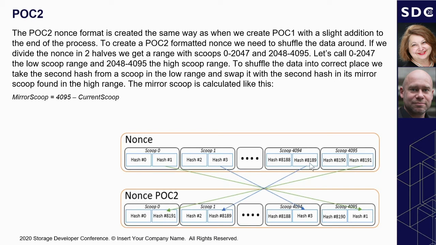If you look at it, this is your nonce and the mirror of that nonce in 4094. Scoop 0 will be nonce 4094, scoop 1 will be 4095, and so on. So even if you shuffle data, you still will have a correct second hash on every data.